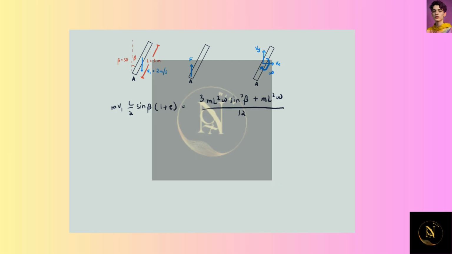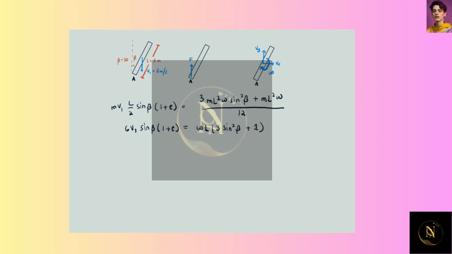Multiplying 12 on both sides, the equation becomes 6, and then canceling out m, the equation becomes 6 v1 sine beta times 1 plus e equals omega L times 3 sine squared beta plus 1.